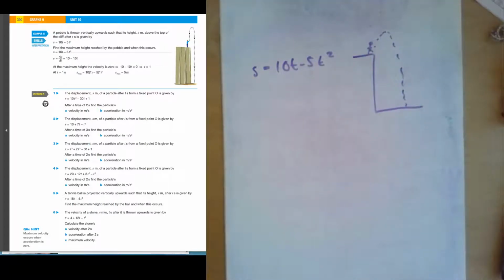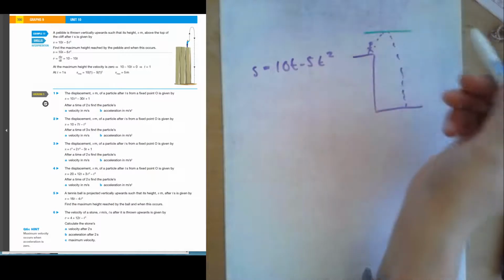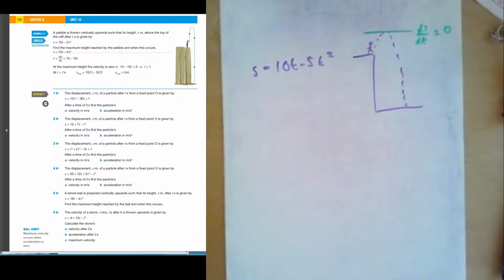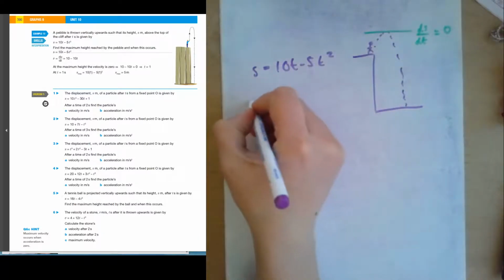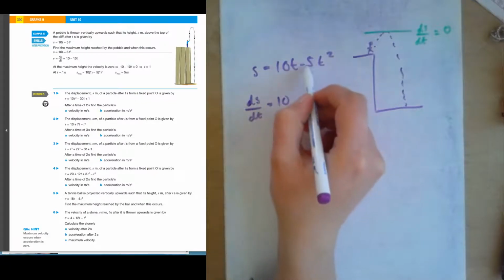What they're telling you to do is find the maximum height. The maximum would be this. When it's maximum, ds over dt would equal 0. So I need to find ds over dt, which is the first differential. 10t becomes 10.